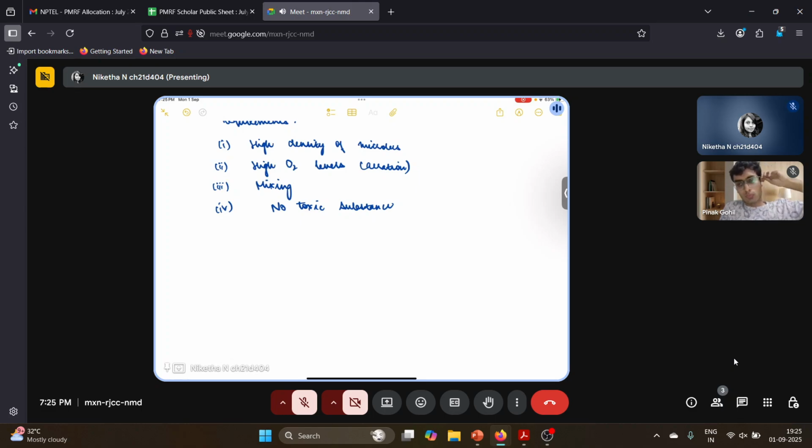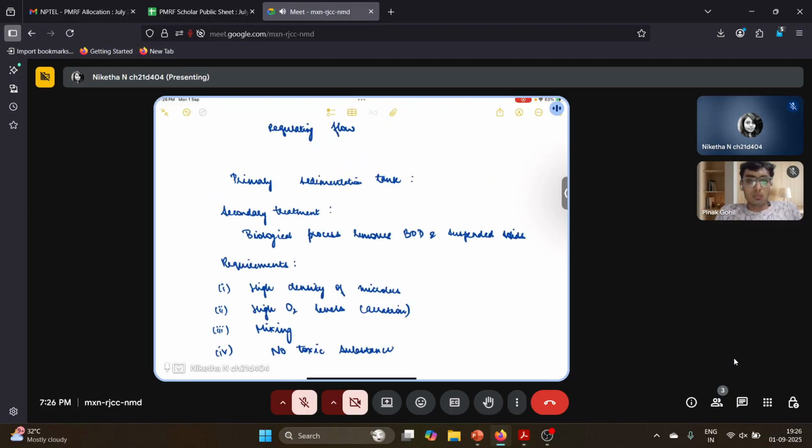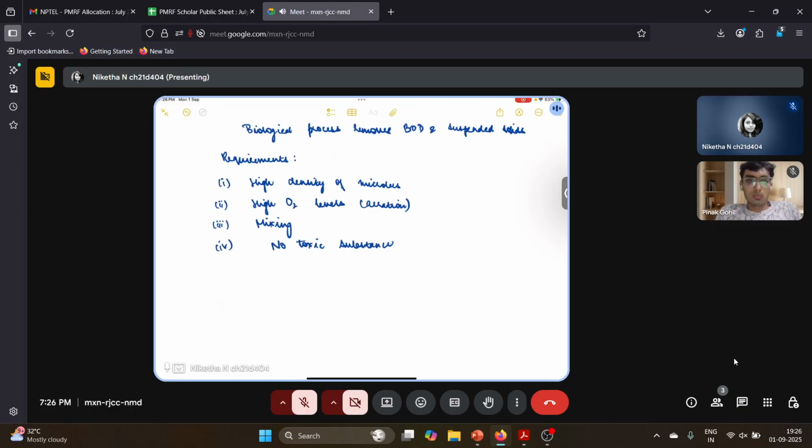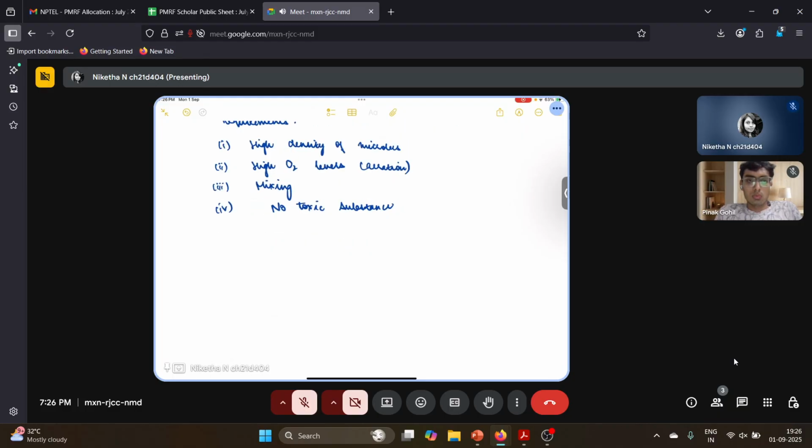Okay, and then whatever sludge is formed, it is separated from the sedimentation tank, and also after secondary treatment, whatever sludge is there, it is separated. So then we have the secondary sedimentation tank.